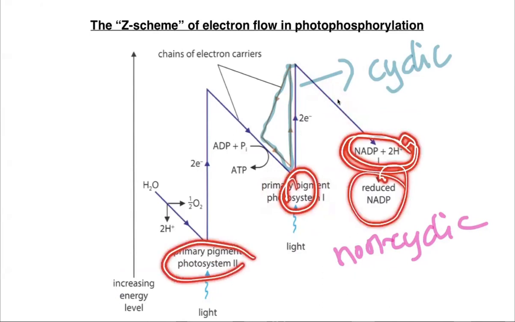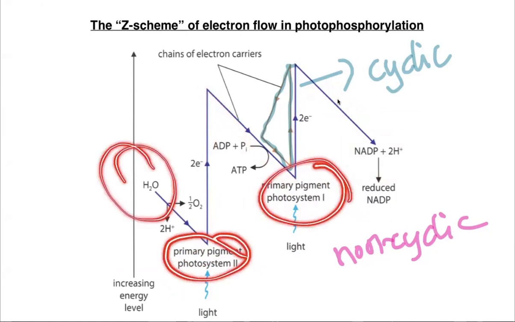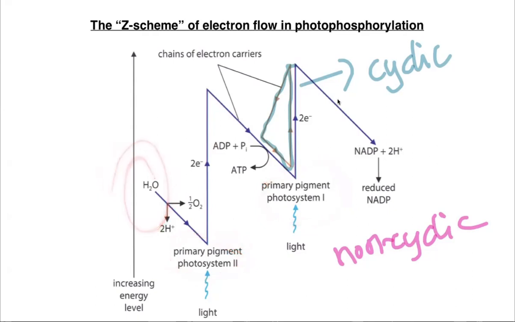At the same time, photosystem 2 absorbs energy, the electron gets excited and is transported across the electron transport chain, and that electron is ultimately received by photosystem 1, replacing what was lost from photosystem 1. And then the electron lost from photosystem 2 is replaced by electron from water. So that is the non-cyclic part.